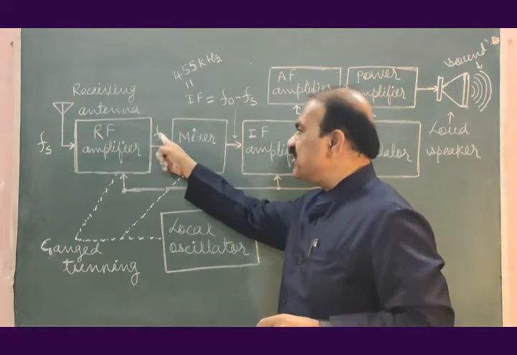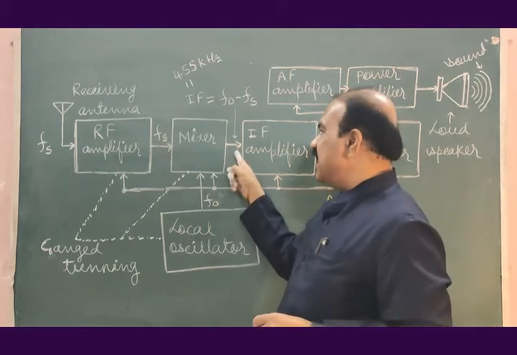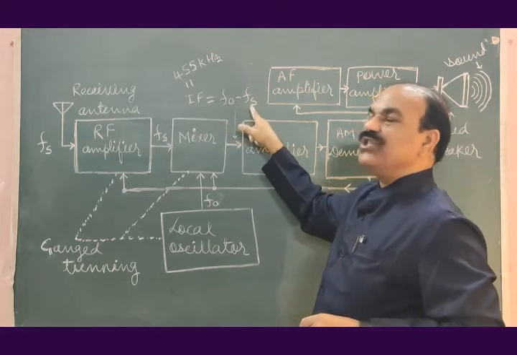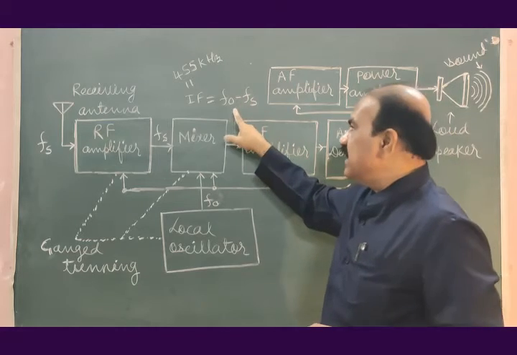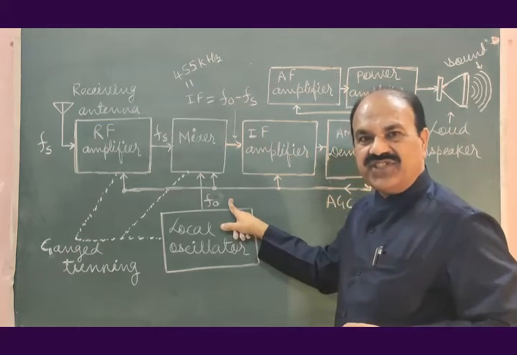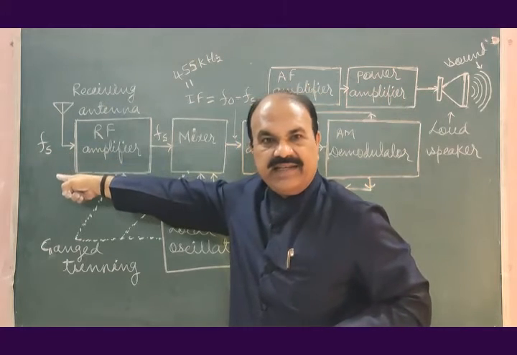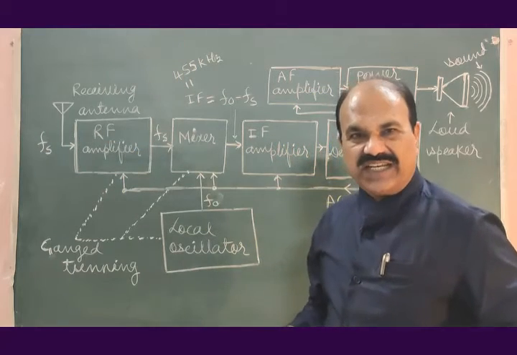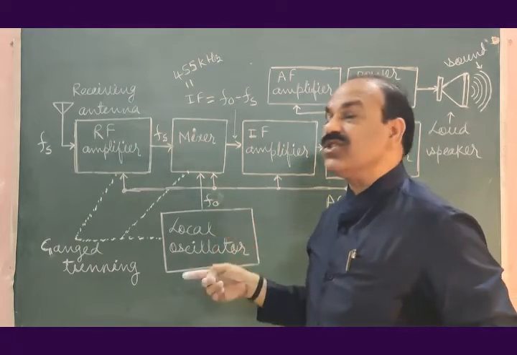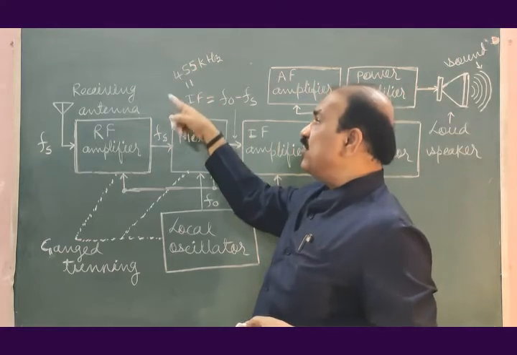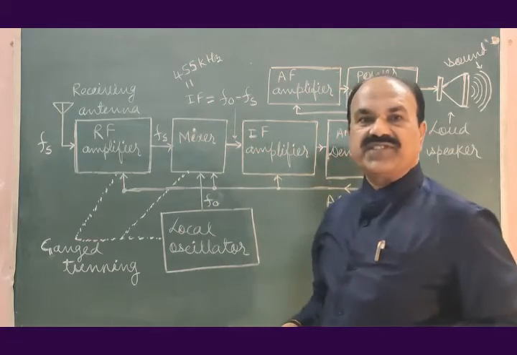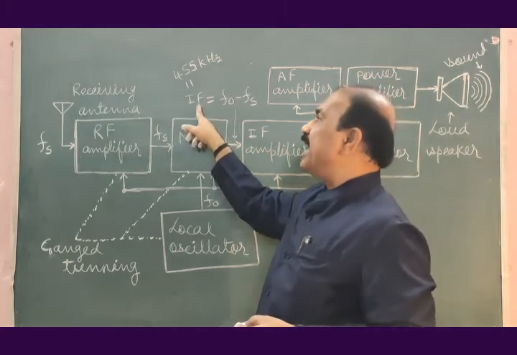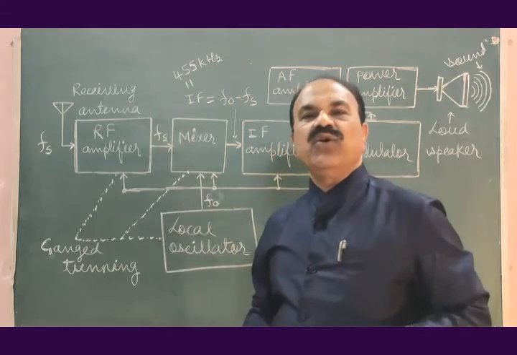This mixer mixes these two frequencies and the output of the mixer is IF, equal to Fo minus Fs. This Fo is always larger than the source frequency of the radio station selected, always larger by 455 kilohertz, and therefore the difference of these two, done in the mixer, will be equal to IF, 455 kilohertz.